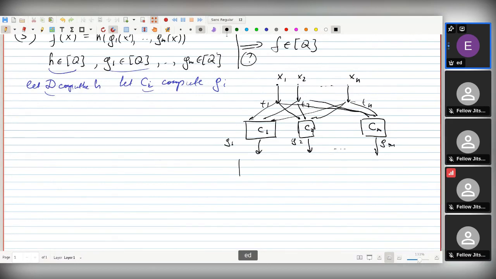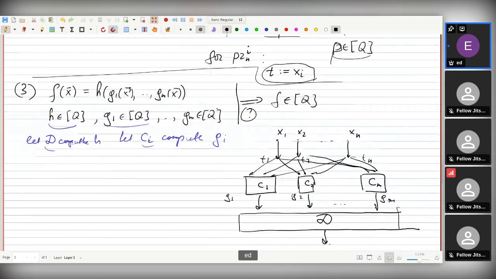And then we will give all these things as inputs to the circuit D, which computes H. That's it. It is easy to see that this circuit computes exactly the superposition of H and G's.